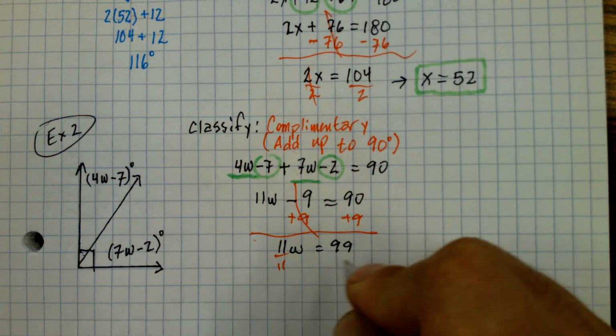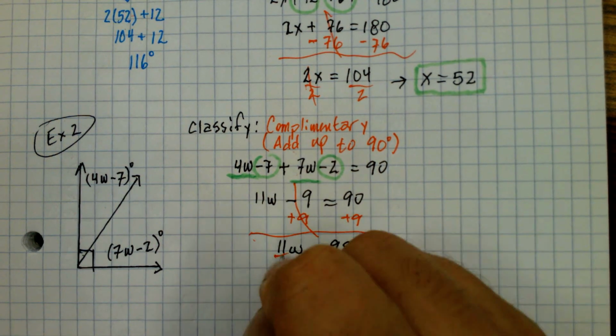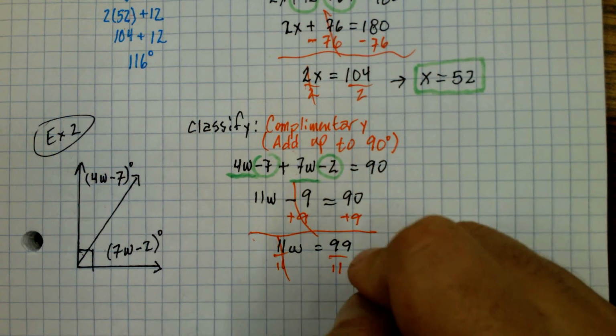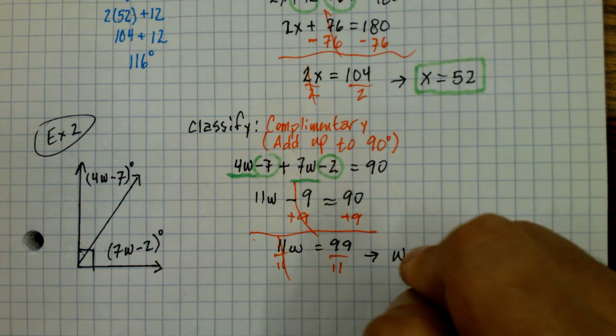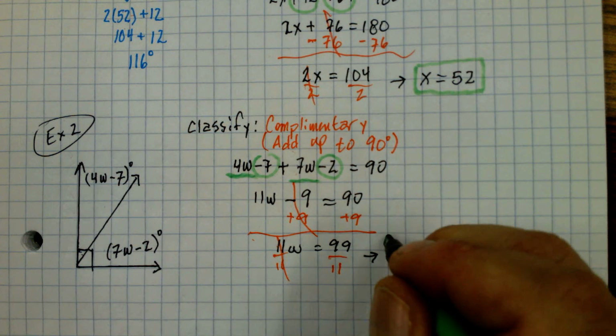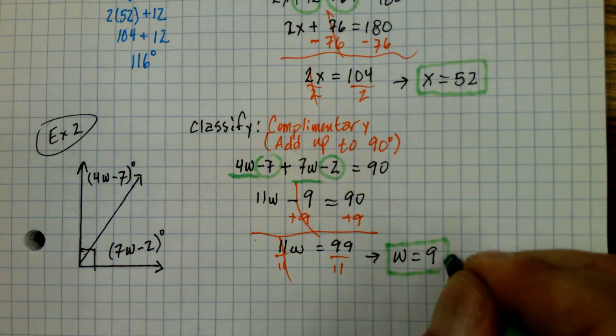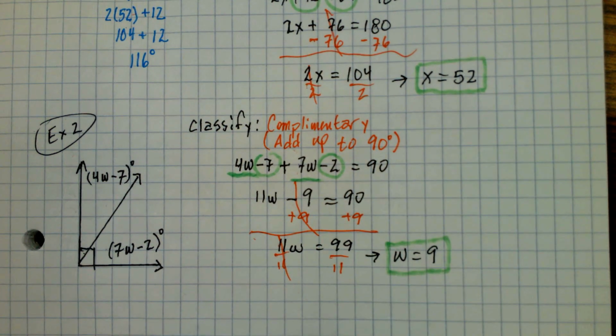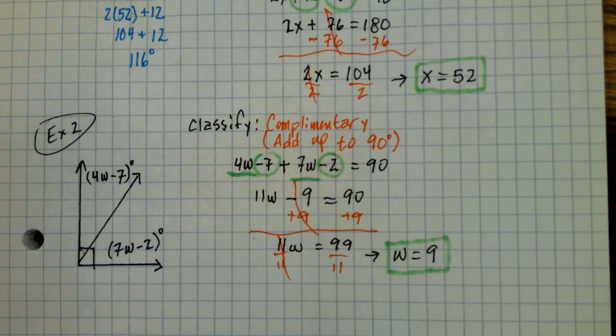Yeah, just divide by 11 if you want to do that step. And I get w equals 9. Okay. So we figured out what w is. That's going to help us figure out these angles.